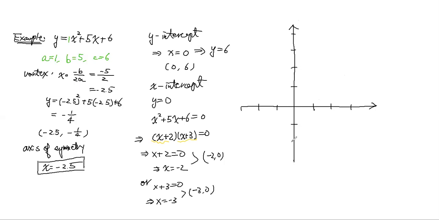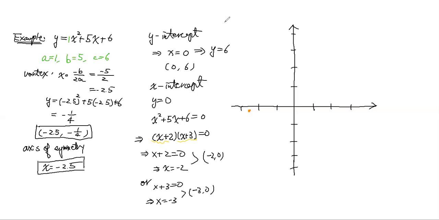Okay, so 1, 2, 3, 4, right? The first thing here, let's try the vertex. I know the vertex is (-2.5, -1/4). So this will be my vertex, right?